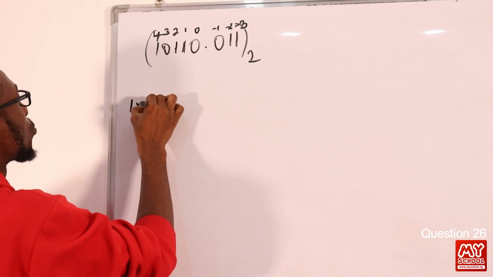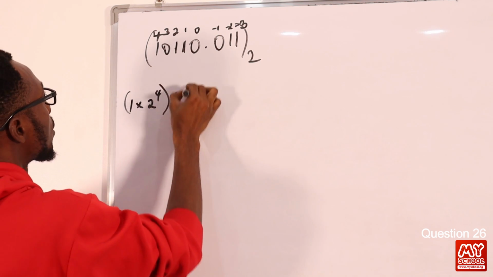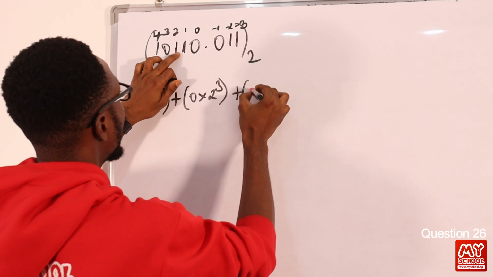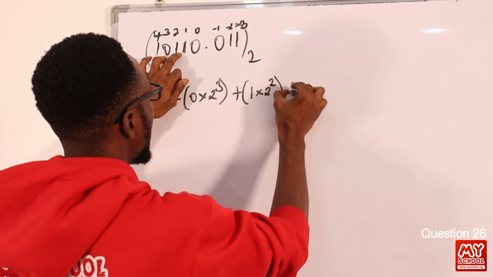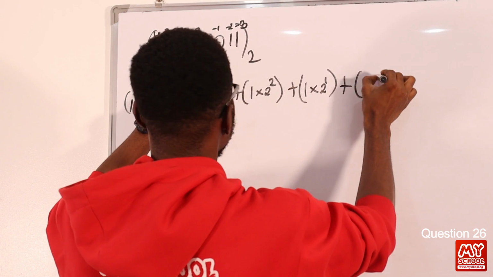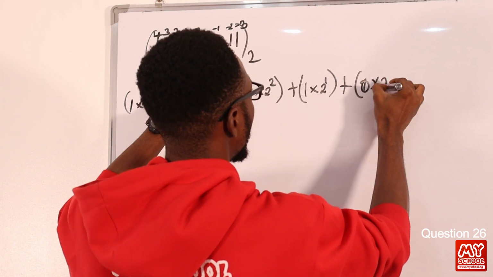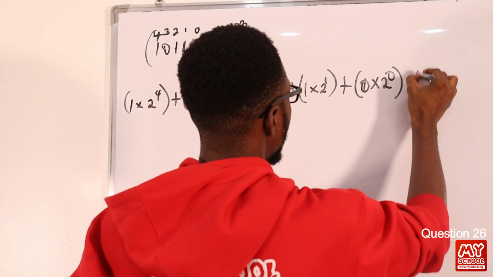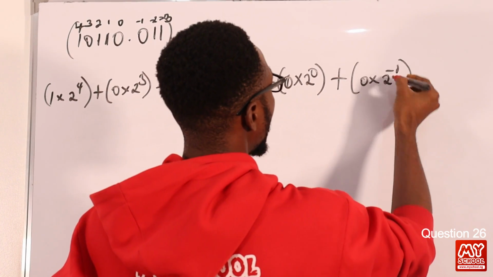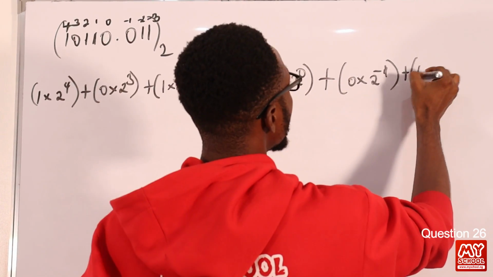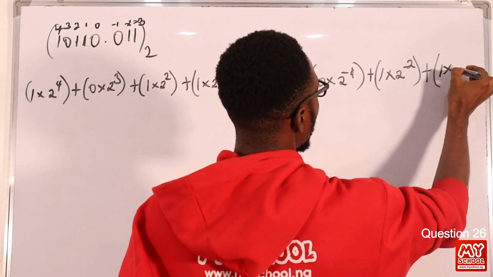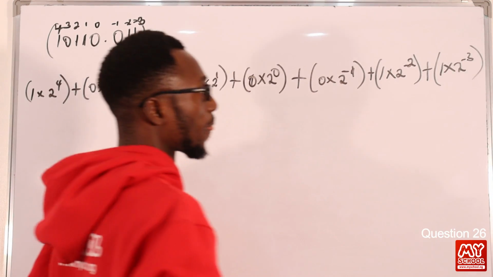So I have 1 times 2 raised to power 4, plus 0 times 2 raised to power 3, plus 1 times 2 raised to power 2, plus 1 times 2 raised to power 1, plus 0 times 2 raised to power 0, plus 0 times 2 raised to power minus 1, plus 1 times 2 raised to power minus 2, and lastly 1 times 2 raised to power minus 3.